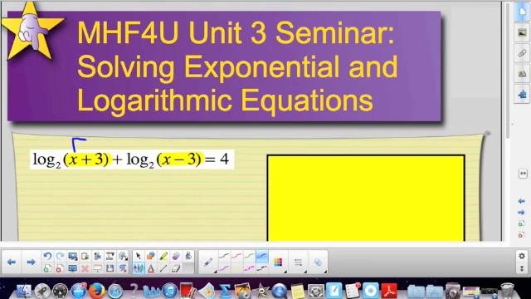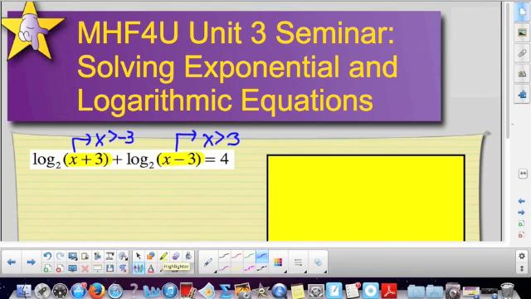So for example, this means if I set that to x plus 3 has to be greater than 0, this will give me that x has to be greater than negative 3. And over here, x minus 3 is greater than 0, x has to be greater than positive 3.